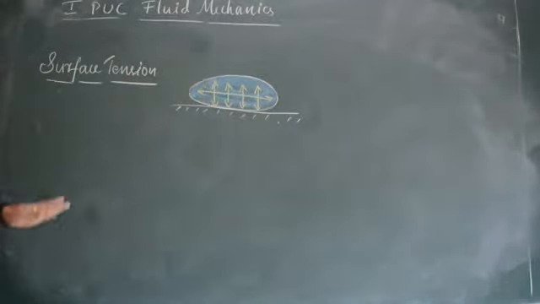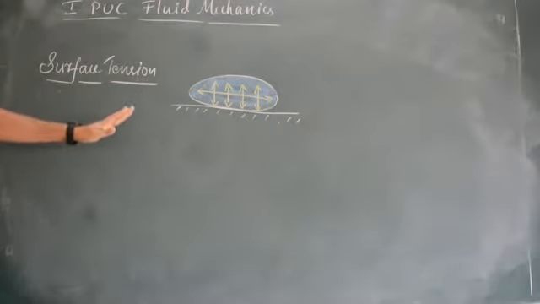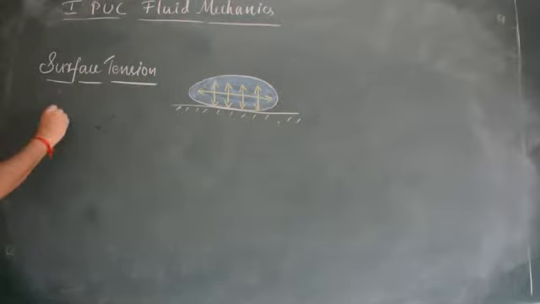Surface tension is one of the characteristics of liquid, or you can say a phenomenon also, no problem. So surface tension is a property of liquid. We'll write down here.